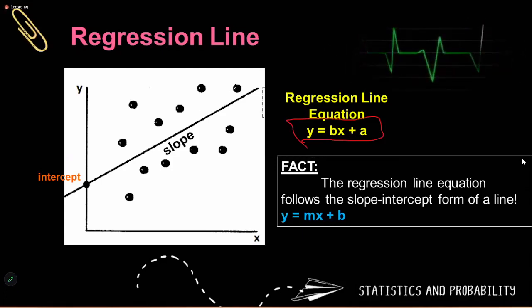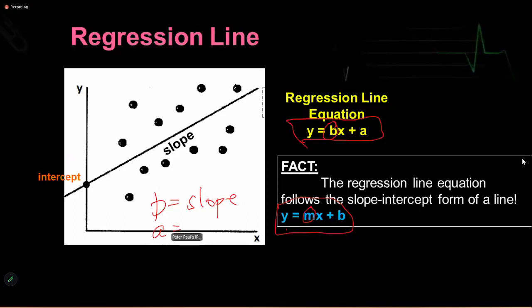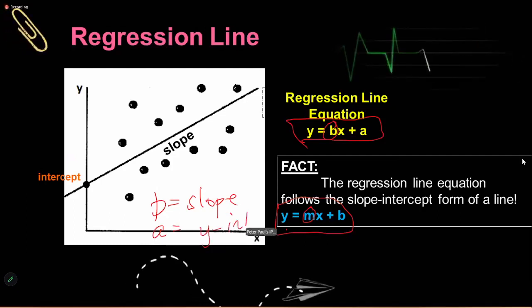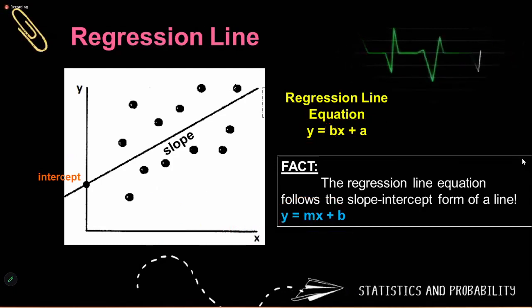In the slope, y is equal to mx plus b, the m is the slope. But in the regression line, the b is the slope, no? The a is the y-intercept. So, the values of a and b are very important. They are the same, only the representation is different, no?